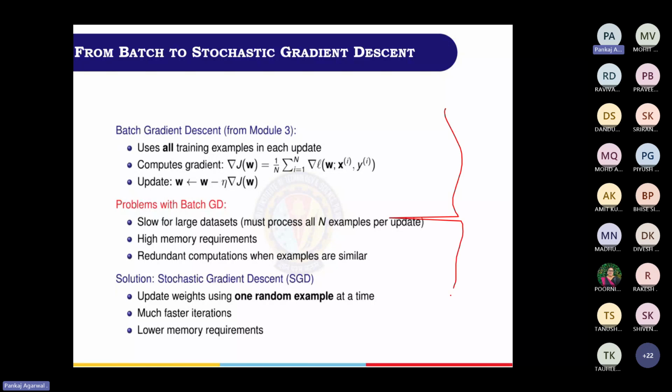The concept is the same, so whenever you talk about batch or SGD, everything would be the same. I've already explained this from batch to stochastic gradient descent. Batch gradient uses all the training examples in an update, obviously, as we know.